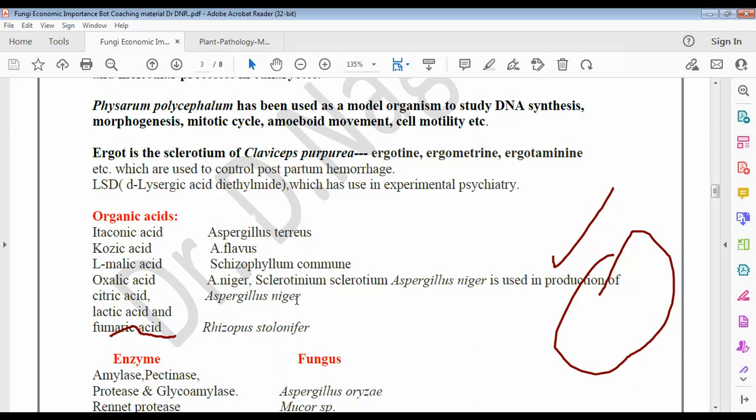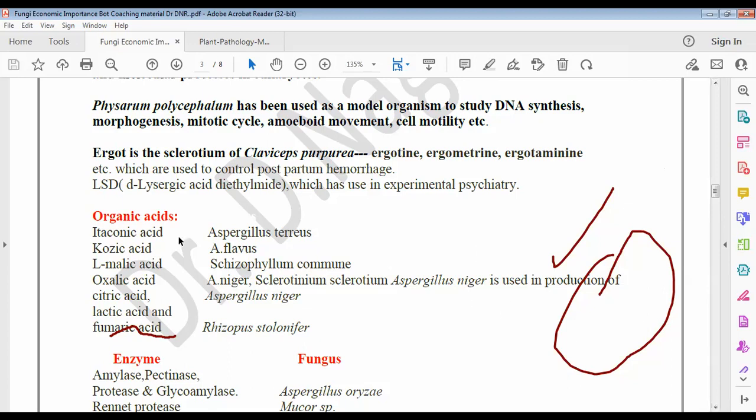Which one? Aspergillus. With Aspergillus niger, we produce lots of tons of citric acid. Citric acid is there in all the limes, lemon.